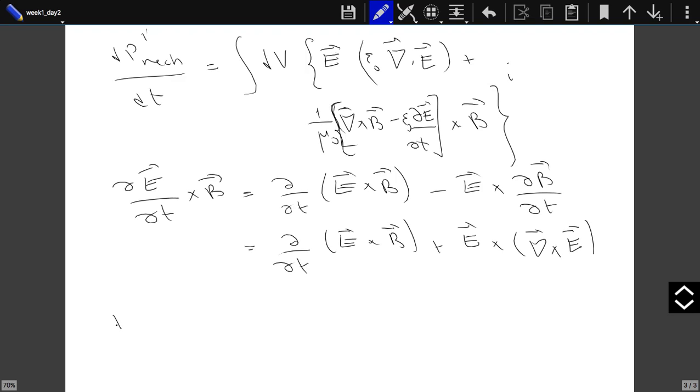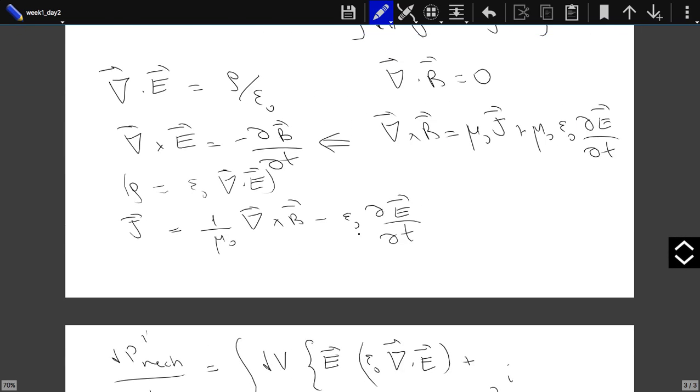So let's just put it over there. We have the mechanical momentum, the i component, divided by dt. Well, you see that term was basically this term over here. This is equal to minus epsilon 0 over mu 0. Sorry, this is mu 0 epsilon 0.